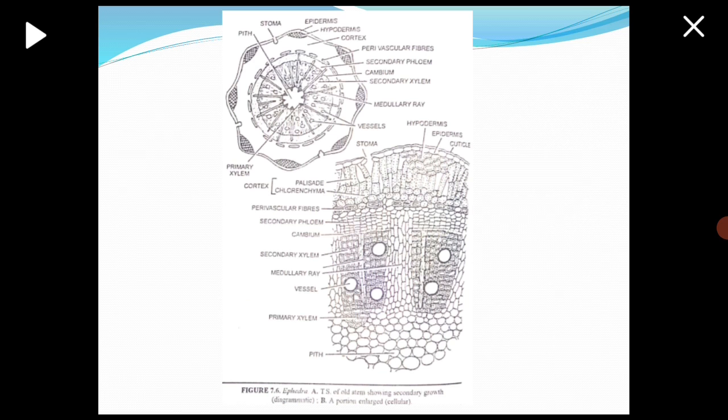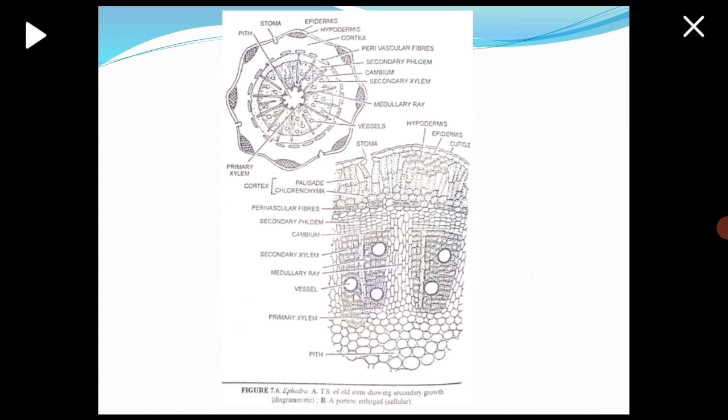Transitional stages showing the evolution of vessels from tracheids have also been noticed in the secondary xylem. A few young vessels show bordered pits in their end walls in which the middle lamella is lacking and the bordering area is narrow.